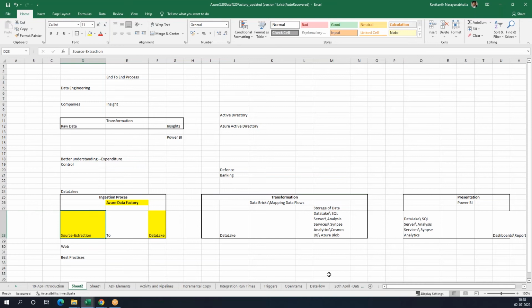Like some files which are present in some Azure blob, or stored somewhere on a website that has some important information and we are trying to extract that information using web scraping. Or you're trying to extract the data from an API. So these are the different scenarios that are available. We can pick one scenario and understand this end-to-end process.